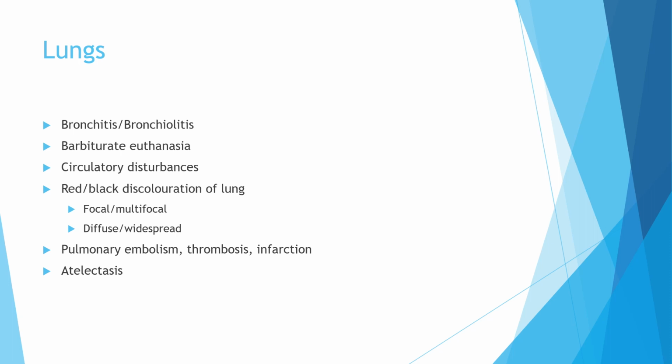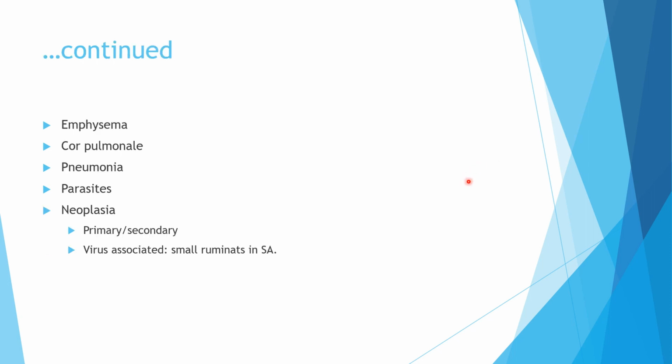And also I'll touch on especially embolisms, thromboses, and importantly atelectasis. To continue with that, we will also touch on cor pulmonale, pneumonia, the parasites that affect the lungs, and especially, very important, the virus-associated neoplasia that affects small ruminants in South Africa.